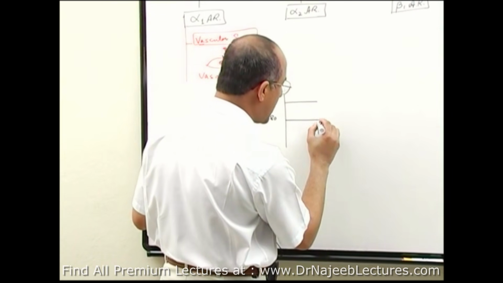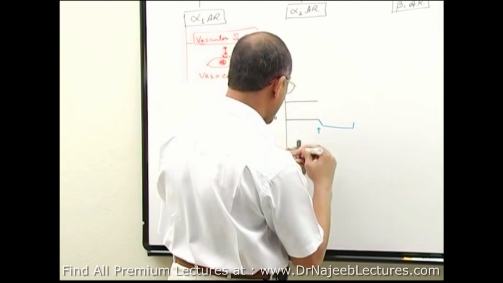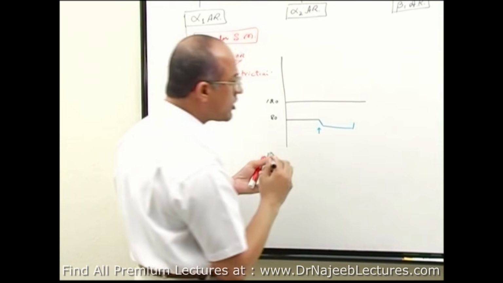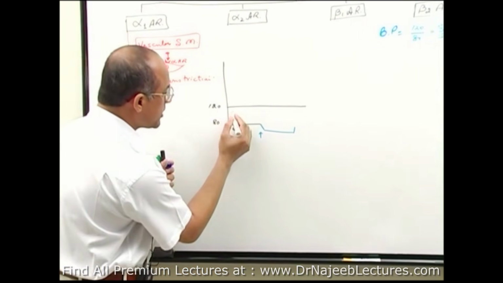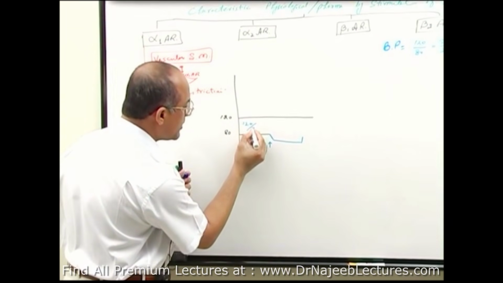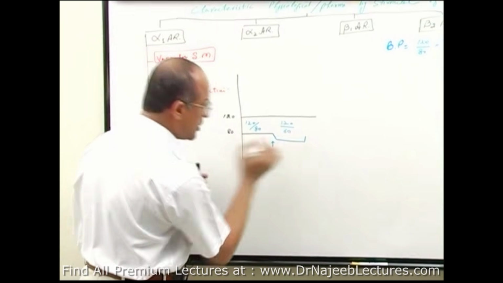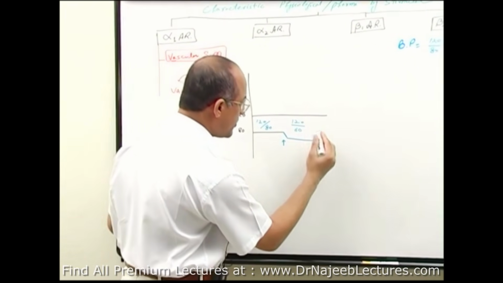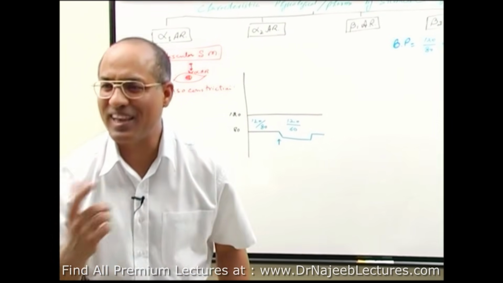And blood pressure becomes like this, right? Systolic is not changed, but diastolic comes down. So here blood pressure was 120 by 80. Here blood pressure is 120 by, suppose, 60. What do you think the drug has done? Yes, it has done arteriolodilation.